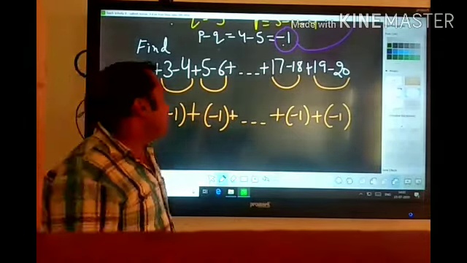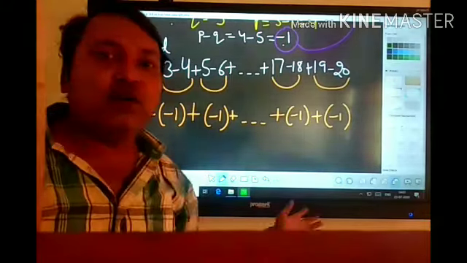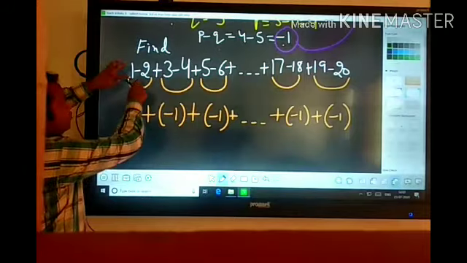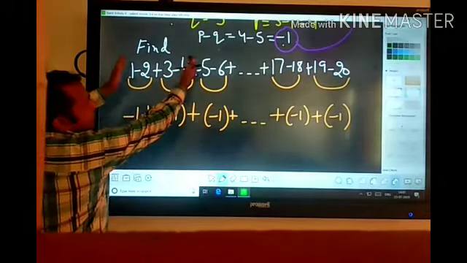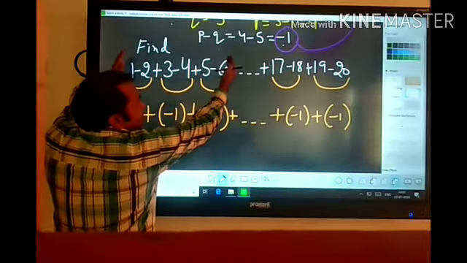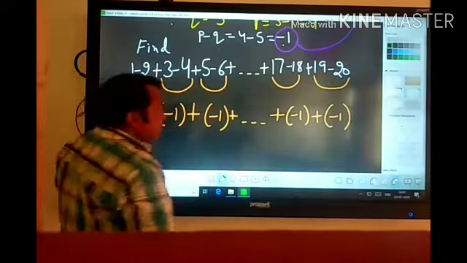Now we have to see how many times minus 1 will be there, because there are 20 integers. If there were two integers, we would have only one pair, and if we had six integers, then we'd have three pairs.